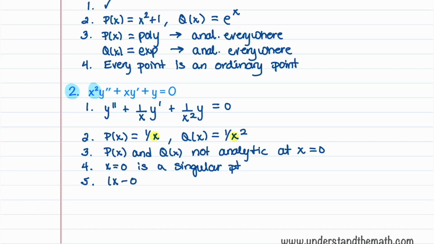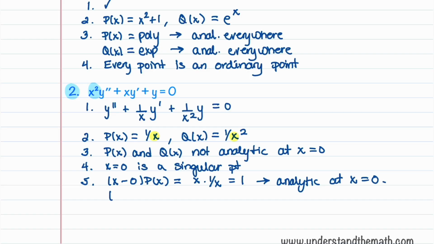So in this example, we have x minus 0, and we need to multiply that by p of x. This gives us x times p of x, which is 1 over x, is equal to 1. This function is analytic at x is equal to 0.